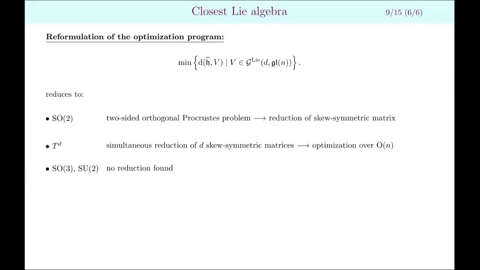So same thing as the main algorithm, but this optimization is way easier because you don't go through all the classes of representations and the cost function is simpler. So this is what we use. For the non-abelian groups, we just use the formulation that I showed before.